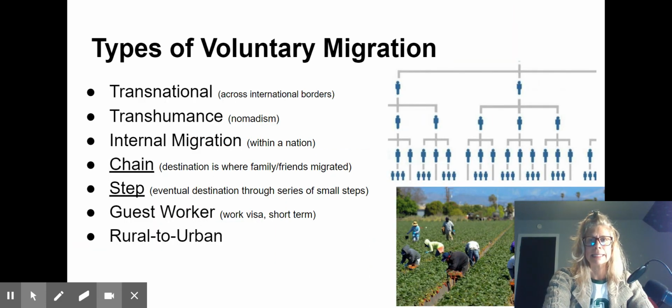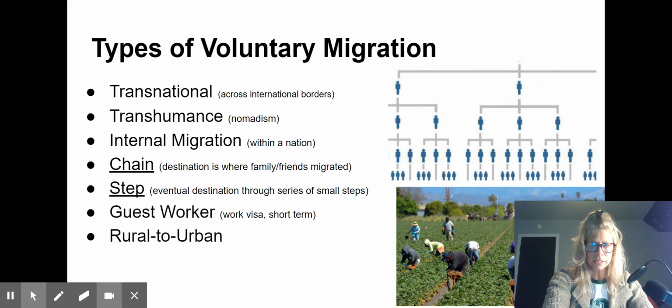All right. And then this last slide is going to be types of voluntary migration. I would just write these down. Most of them are just kind of vocabulary words. I'll go through them really quickly. Transnational is just like it sounds. If you are crossing international borders, you are doing transnational migration. Then there is transhumance, which is an interesting term.